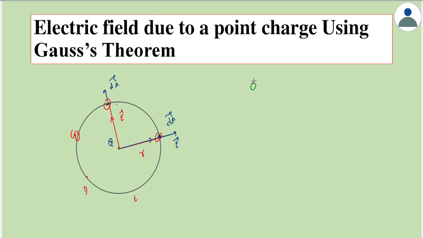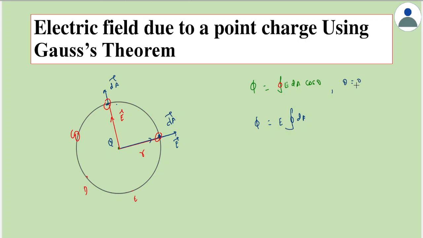The electric flux by definition is given as the integral of E dA cos theta. Since we are integrating over the entire Gaussian surface, I put a circle around the integral to indicate that the integration is over the entire closed surface. Now the flux is equal to E comes out, because E is constant as discussed earlier, and what remains is the integration of dA.